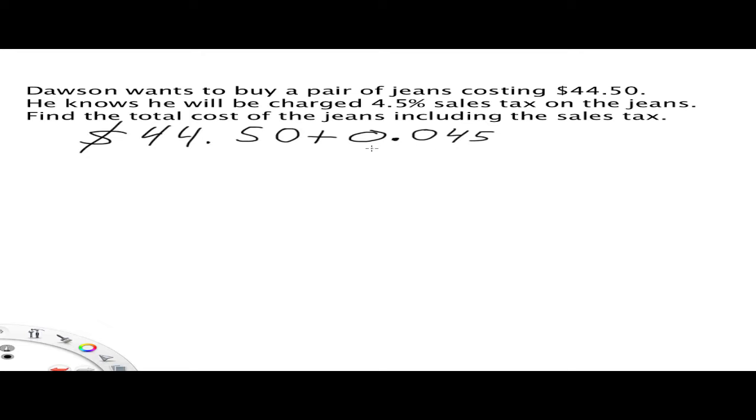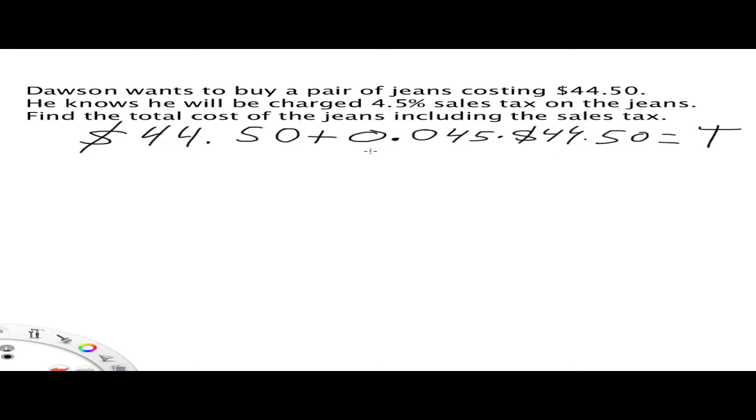And that's times my original amount, which is $44.50. And that's going to equal his total cost. We'll make that T.